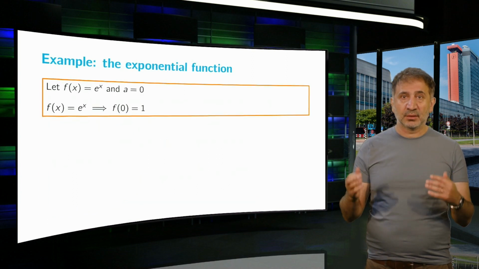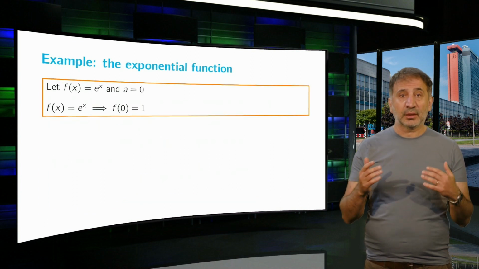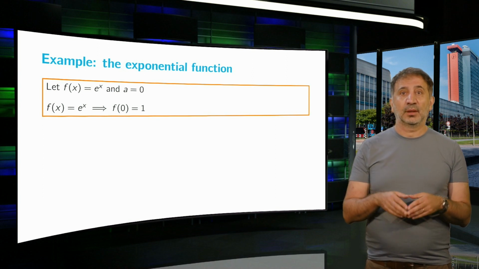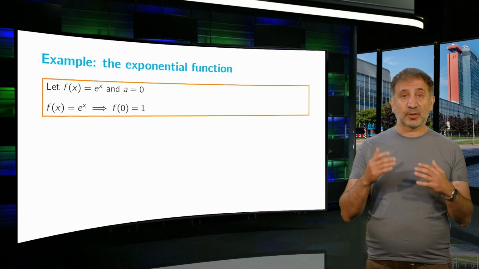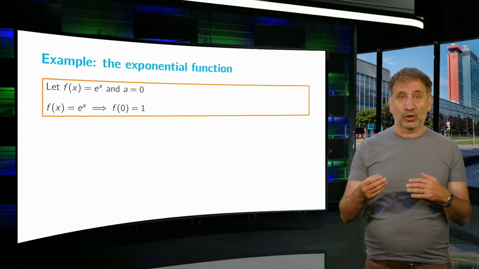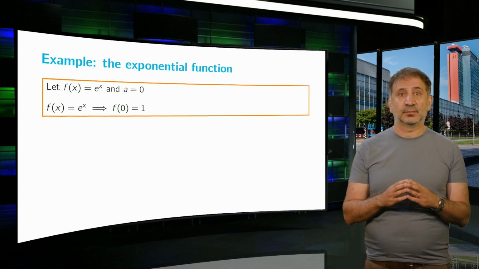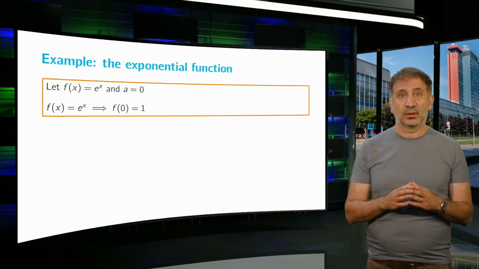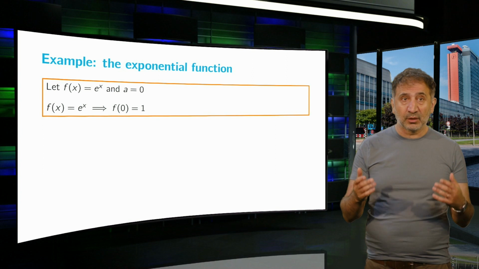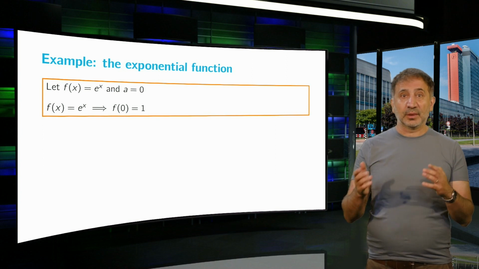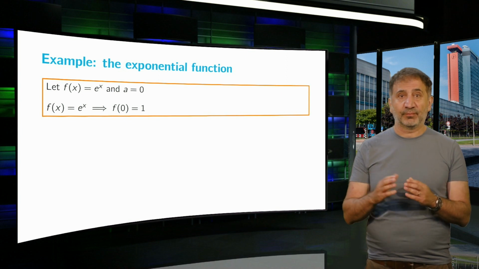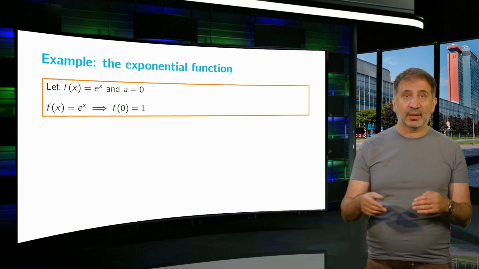Let f of x be the exponential function e to the x and a is 0. The Taylor polynomial T_n of f was determined in the previous video. Let us recall fast how this was done. To find the formula for T_n, we need to determine the higher order derivatives of f of x and evaluate them in a as 0.